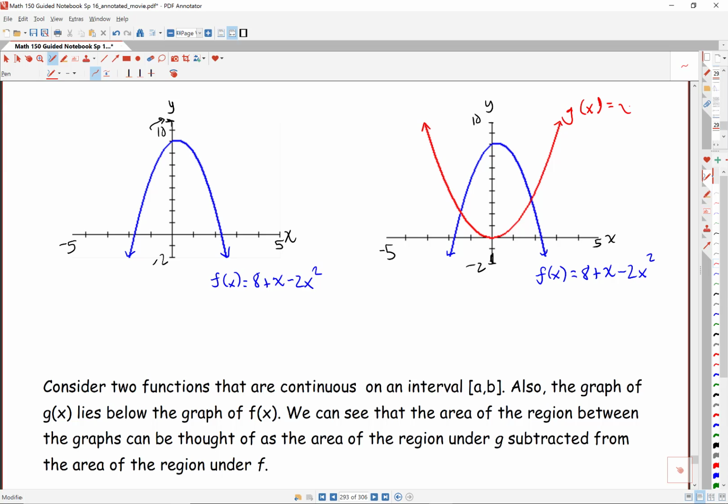So on this one, what we are going to do is say that we are bounding this region between the graph of f, and we're going from basically x is -1 and x is 2.